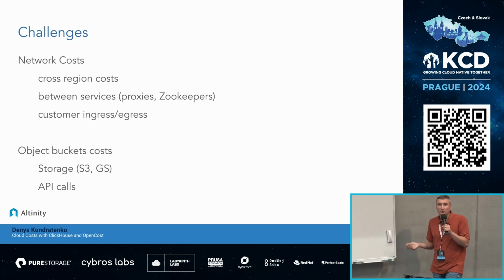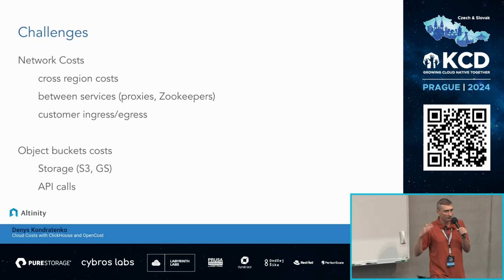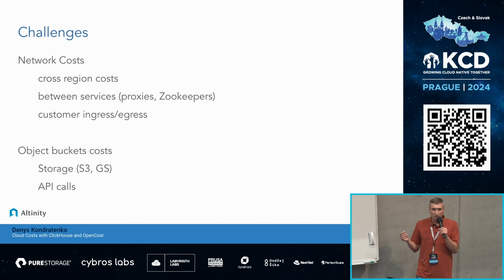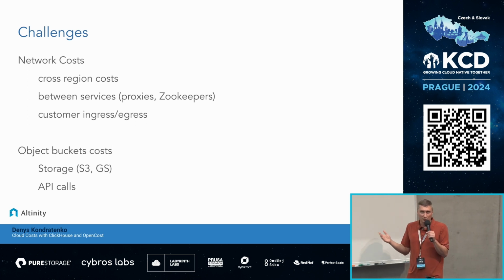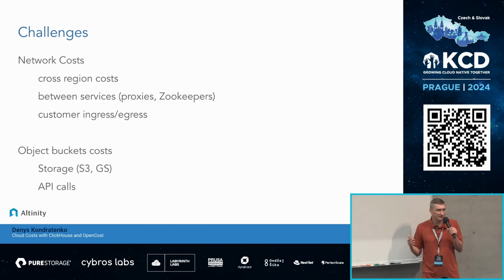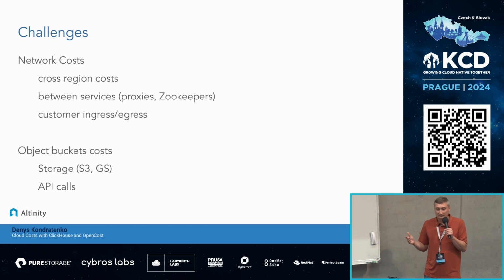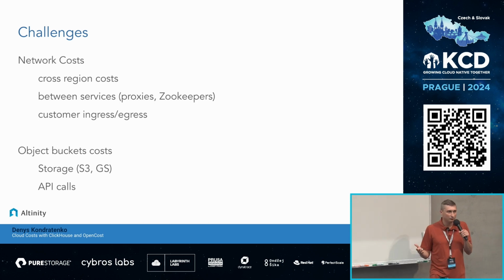And another one is object storage. ClickHouse can do backups of customer data in S3 or other cloud object storage, and that is currently not supported. So you cannot measure your object storage cost, and those could be quite extensive because it's backups, like terabytes of backup data. Additionally, it's not only the data size, it's also API calls, how often you do that.